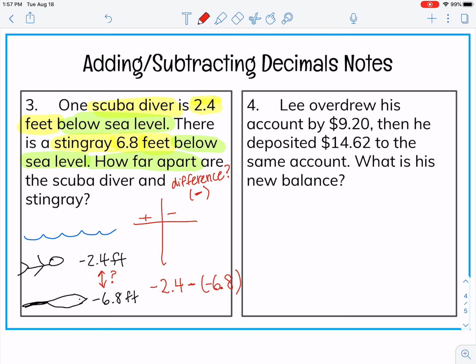Where would these two numbers go on our t-chart? First off, I know that negative 2.4 is going to go on the negative side, because that negative symbol just tells us it's flat out negative. And then minus negative 6.8.